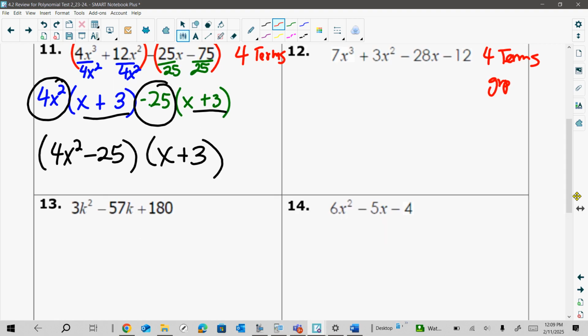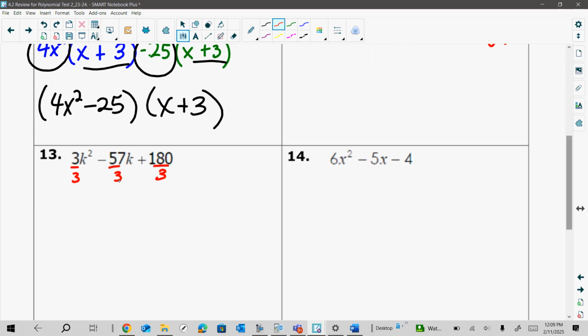Number 13 is 3 terms, but we want to check for a GCF. Like I look at, can 3, which is the smallest number, go into each term? That's what we want to check first. Yeah, it does. So 3 comes out.